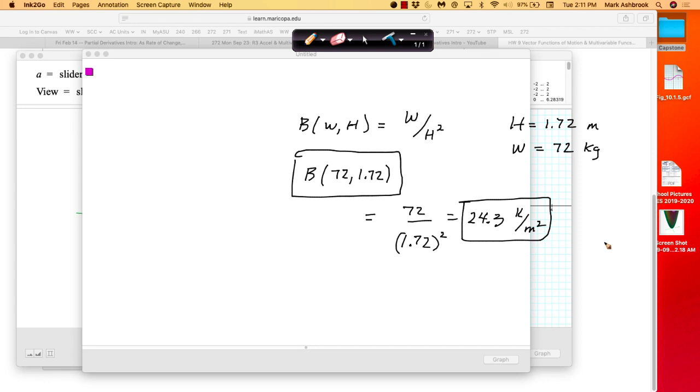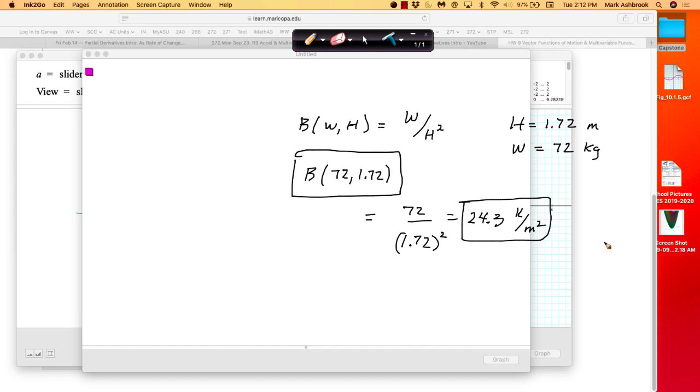Okay. Any other questions about the homework? So that's just a matter of converting from kilos to pounds and meters to inches. I think that's all that, yeah, W in pounds.